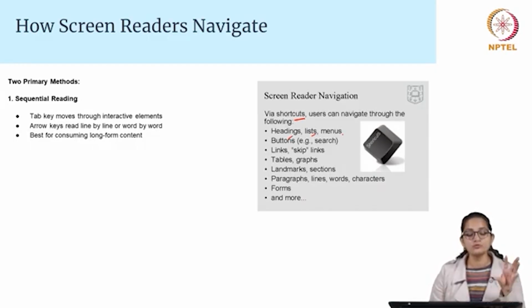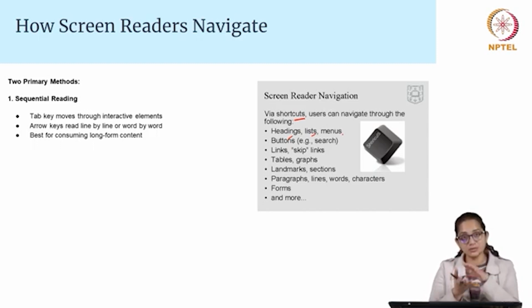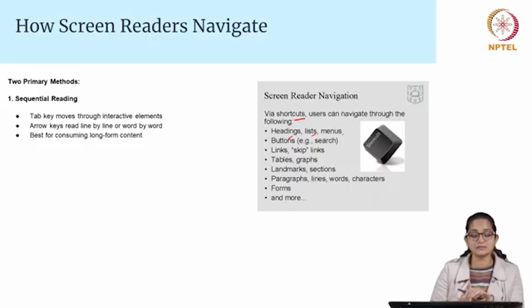The tab key moves through the interactive elements one at a time based on the architecture of the developed code. Arrow keys read line by line or word by word. This method is best for consuming long form content because then you are able to navigate through the written body text line by line or word by word.